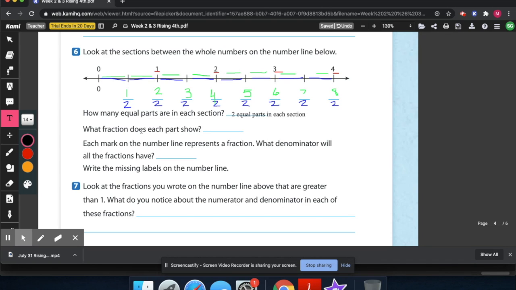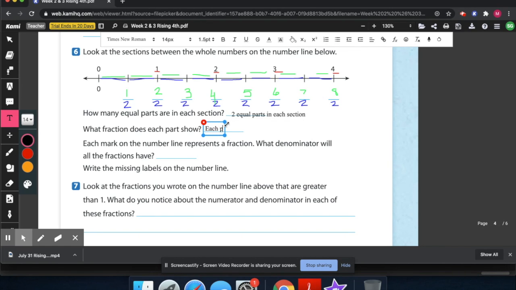In the second question, it asks, what fraction does each part show? Each dash that I wrote in green or blue, however you look at it, that is saying what each part is showing. We look at our first dash and it says half. Every single one of these equal parts are a half. So each part shows half.